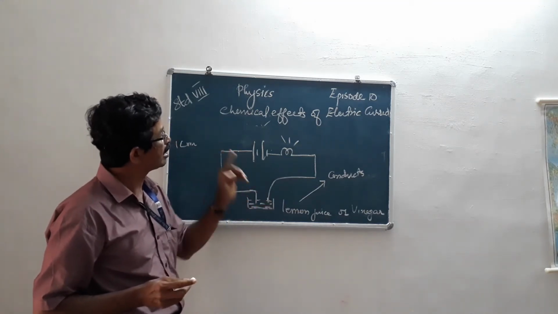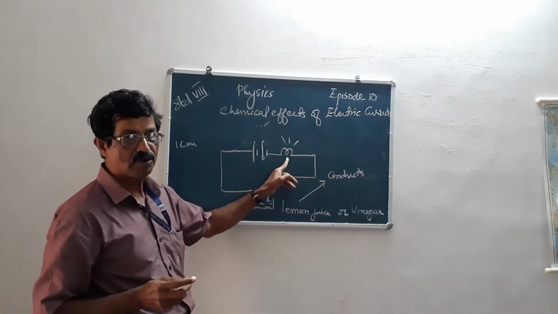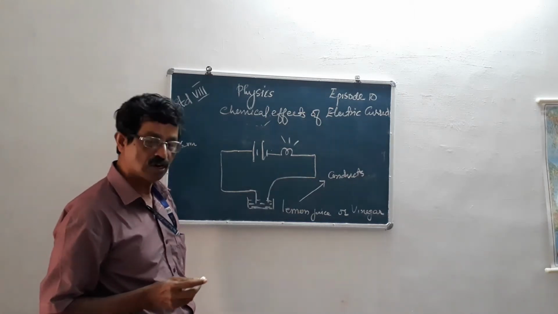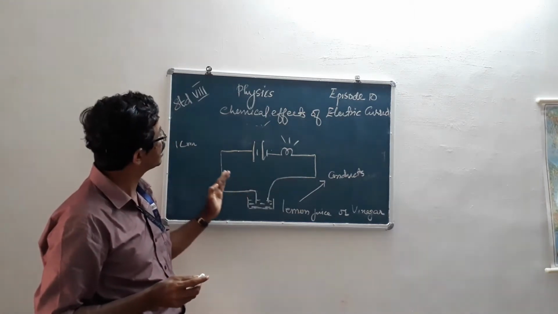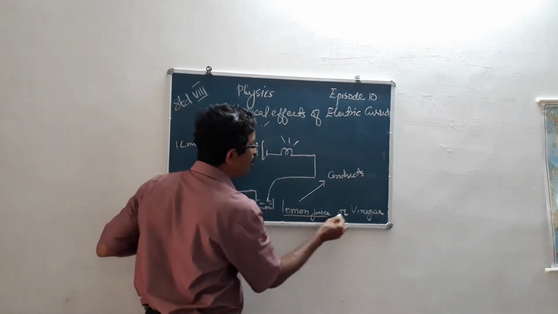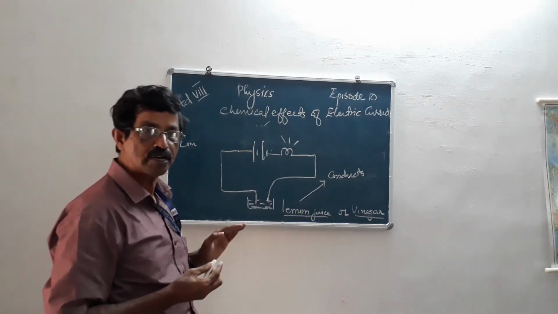If the liquid conducts electricity, then we can observe the bulb glows. If it does not, then the bulb does not glow. What we did here was to find out whether this lemon juice or vinegar can conduct electricity through it.